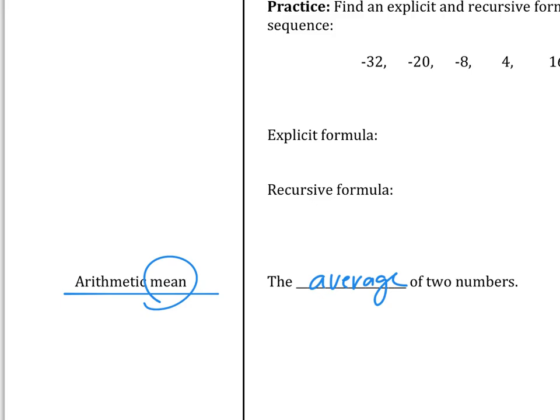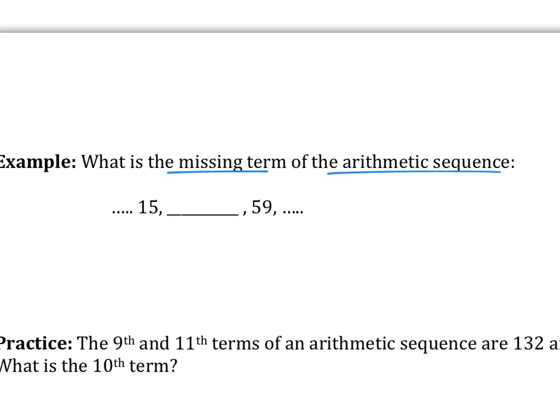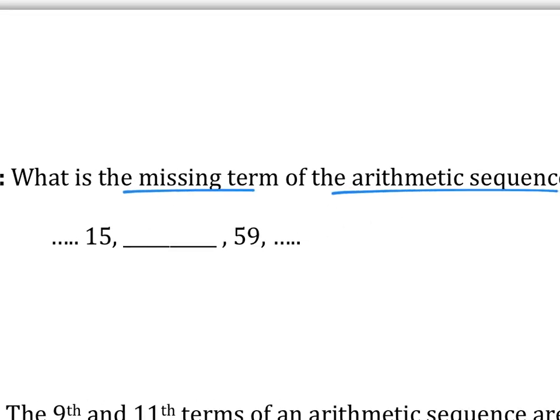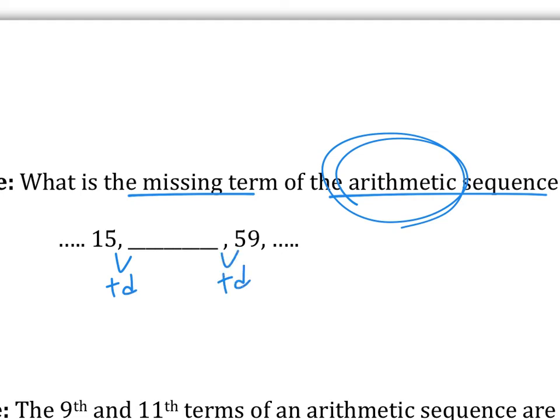So for example, what is the missing term of this sequence? First of all, this is a little bit tricky. They just want you to figure out the middle number, right? But they tell you this is arithmetic. Arithmetic means what? Add or subtract to get to the next number. So basically you're adding a number to get here and you're adding a number to get here.